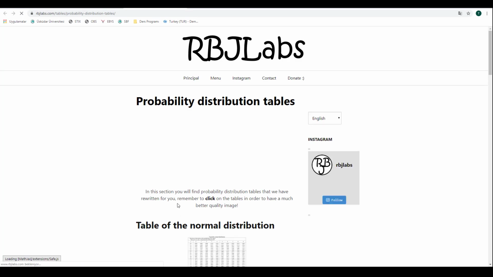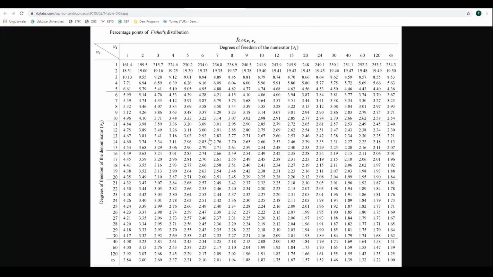We should compare our F statistic to the table value. This is the 5% F table. The first degrees of freedom is 3. Why is this 3? Because we have 4 groups and we subtract 1.